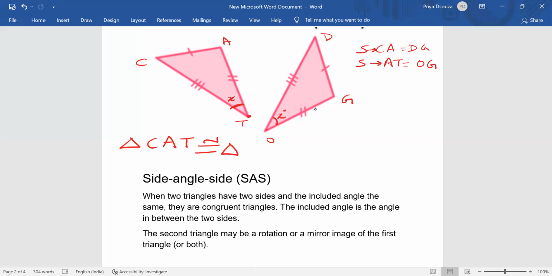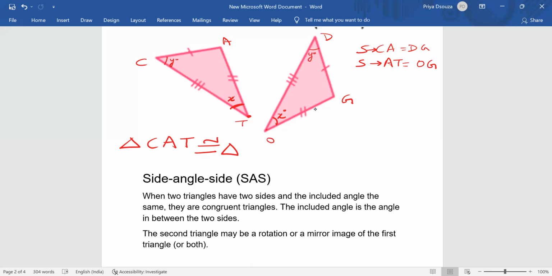So now side AT of the first triangle is opposite to vertex C. I'll mark the corresponding angle as Y degrees. So AT is opposite to vertex C. Now since AT of the first triangle is equal to OG of the second triangle, OG is opposite to vertex D. So this should be Y degrees.